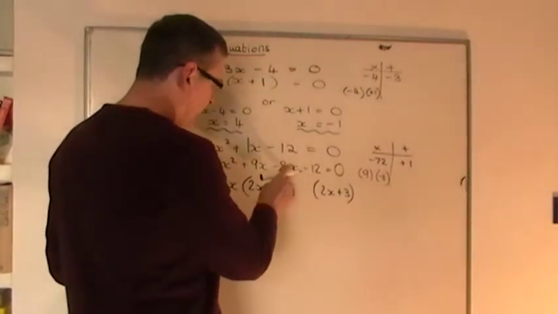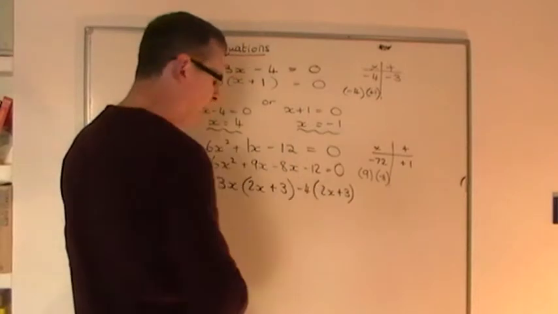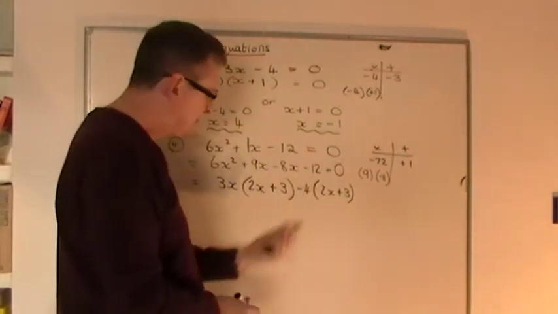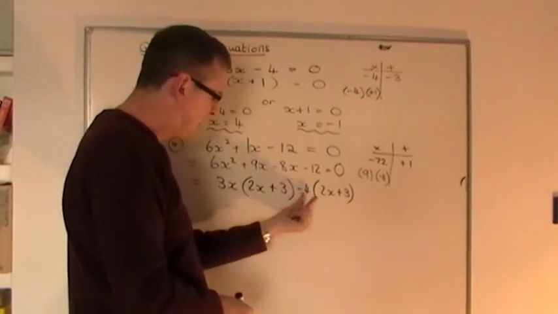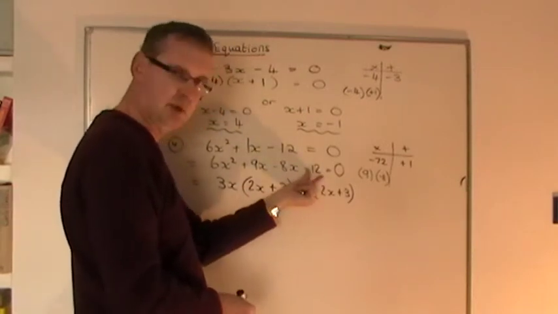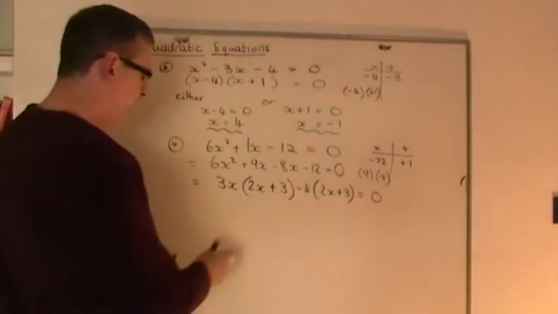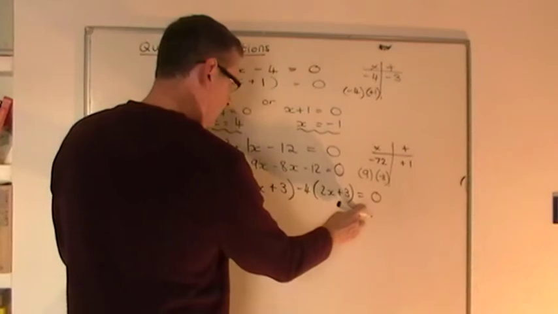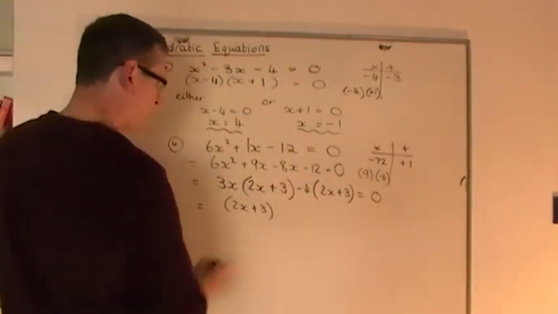Well, obviously there's a 4 that's in both, but I can also take out the minus 4 from both. So minus 4 times the 2x gives you minus 8x. Minus 4 times plus 3 gives you minus 12. Leave the equals 0 alone. We've now got two really nasty looking terms, and they have a common factor between them of 2x plus 3.